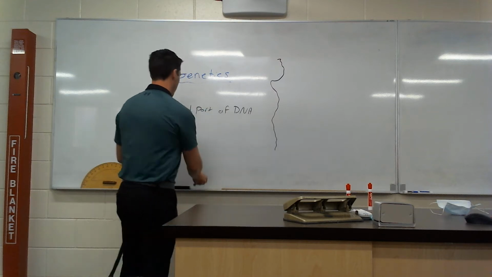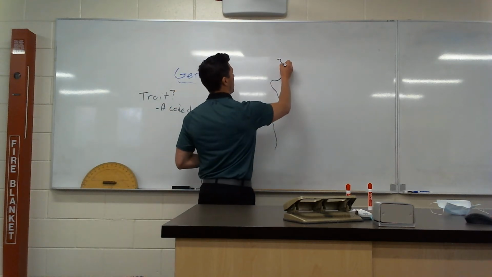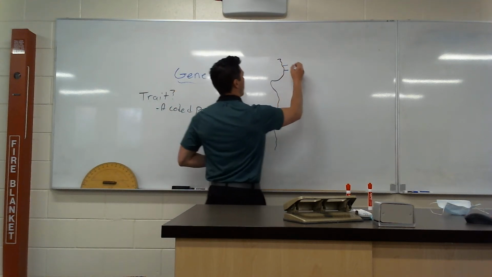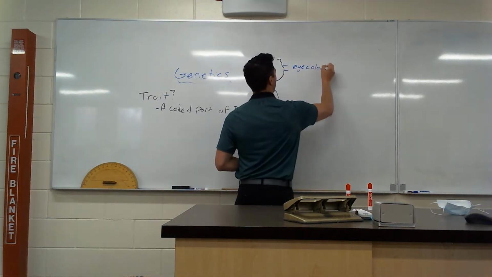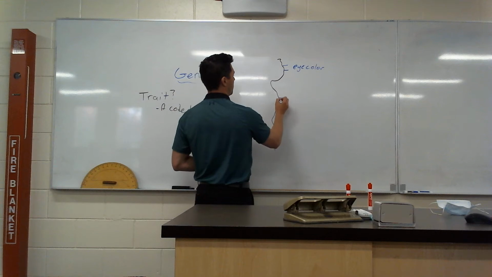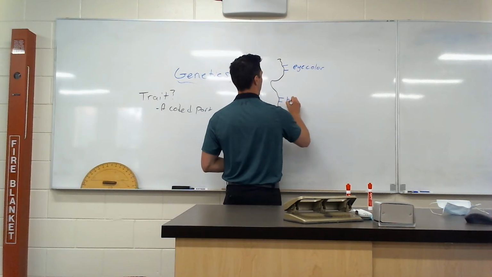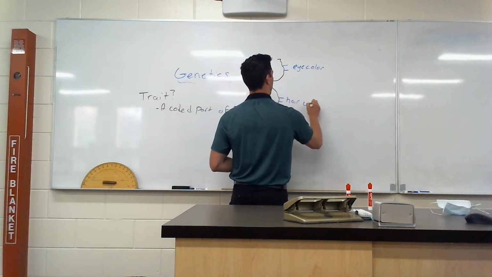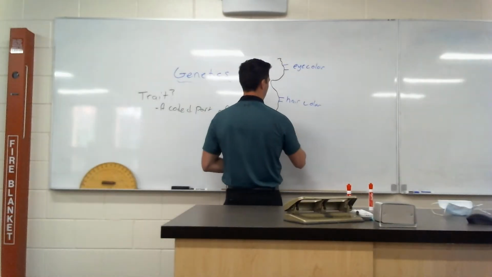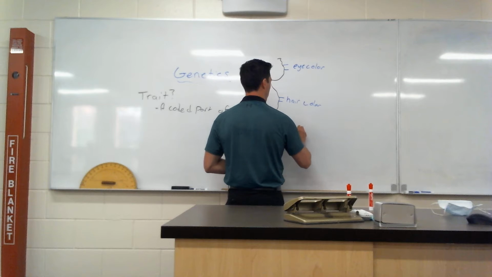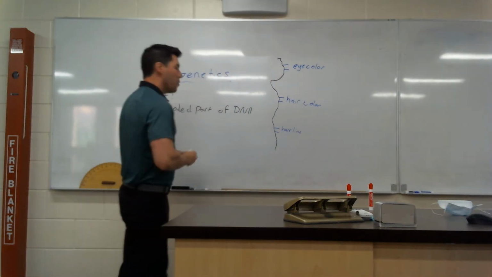Right at the very top, there's this little chunk, and this chunk codes for eye color. Lower down, this one is for hair color. And lower down, this chunk codes for hairline. So that would be a trait.